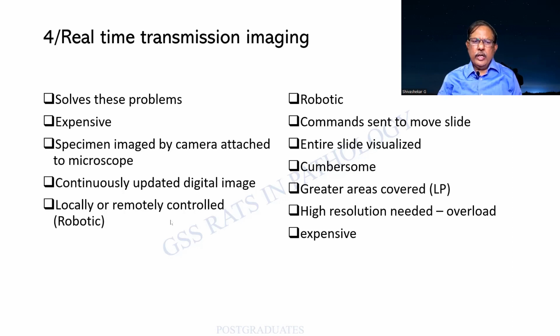It is locally or remotely controlled by a robot so that the field can be changed and there can be, for example, when you send a slide to an expert, he can change the field and the others can have a look at it. He takes the control over it. The entire slide can be visualized, but it is cumbersome. Large areas are covered, but high resolution is needed and highly expensive.